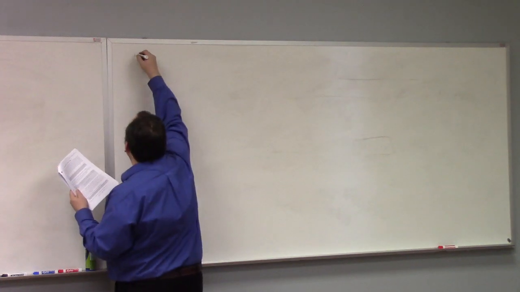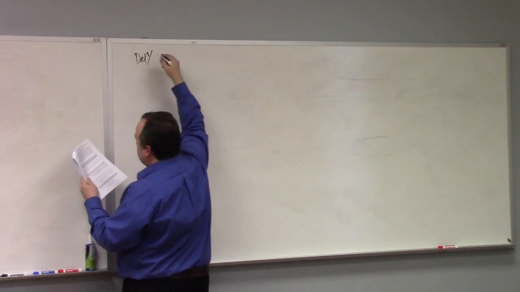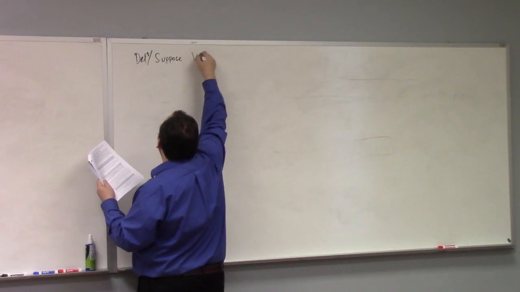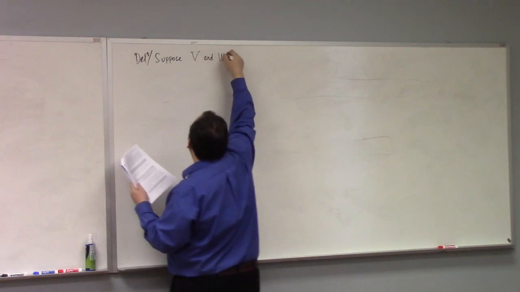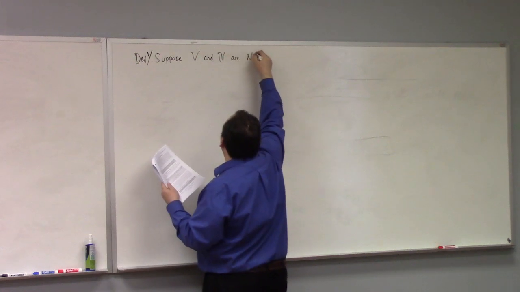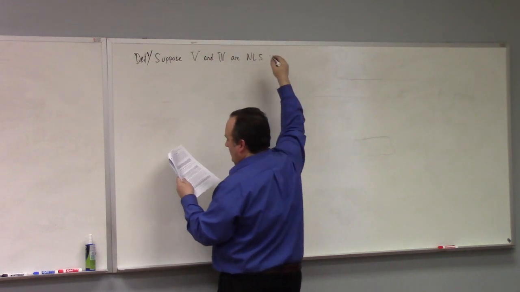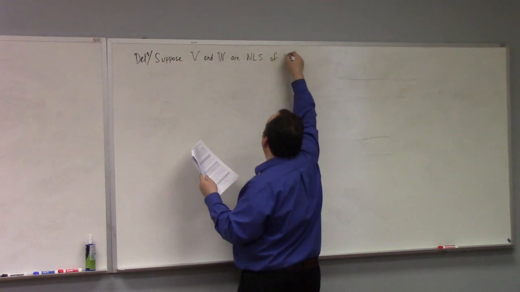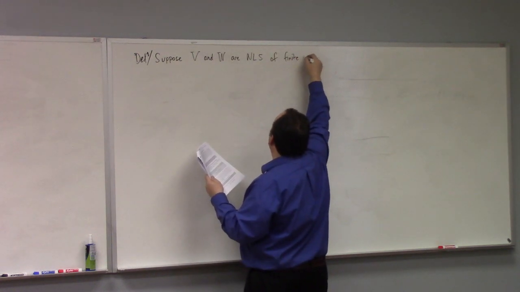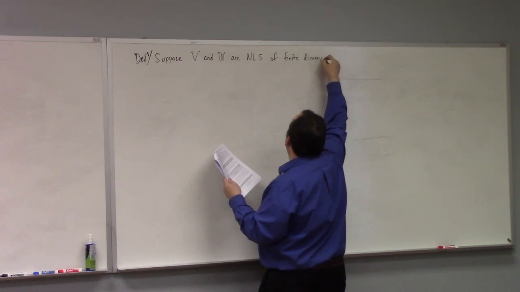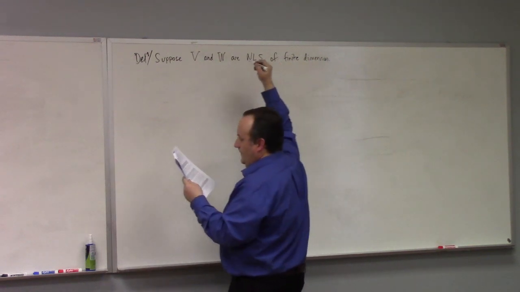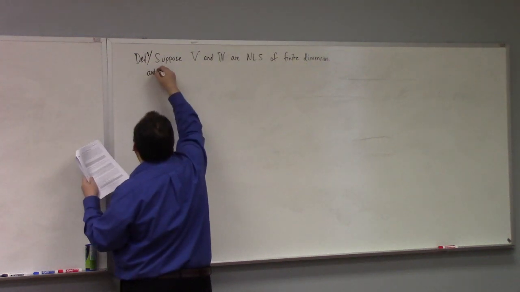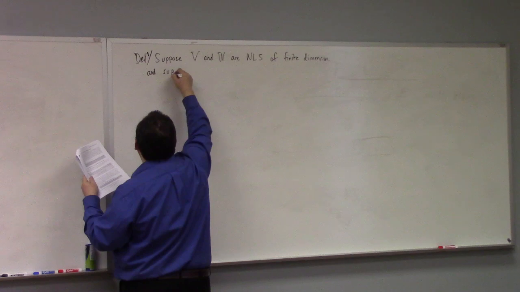So here's the definition. Suppose V and W are normed linear spaces of finite dimension. I don't really need finite dimension here, but anyway.